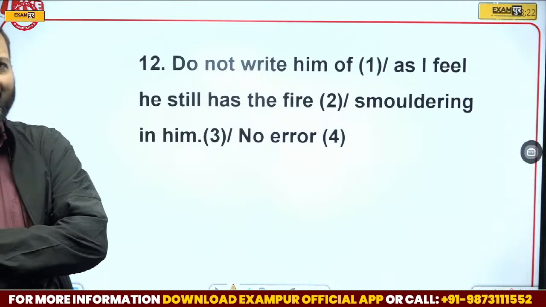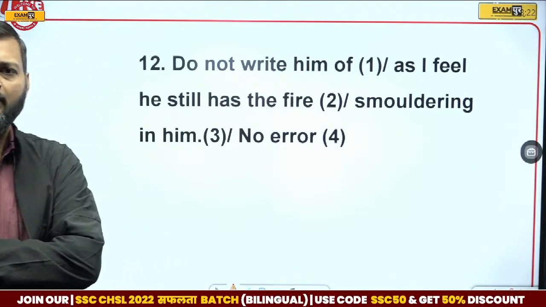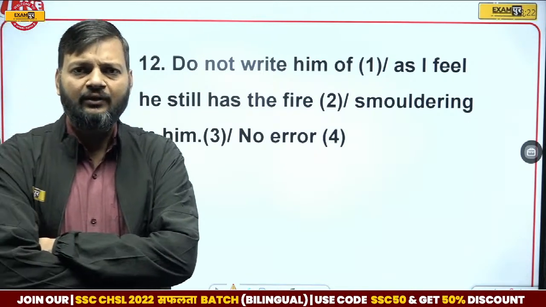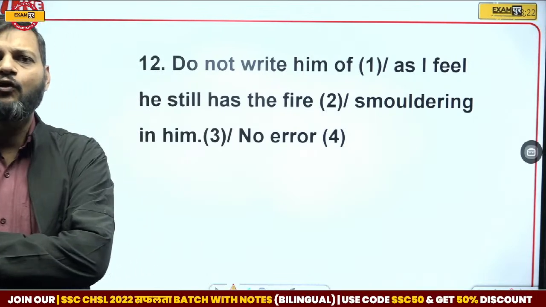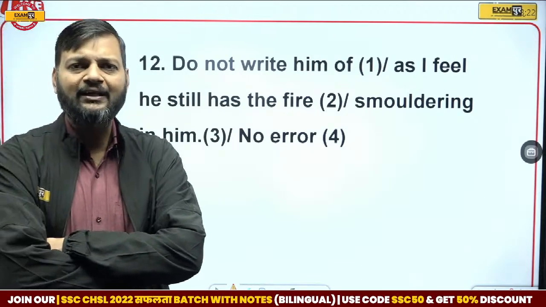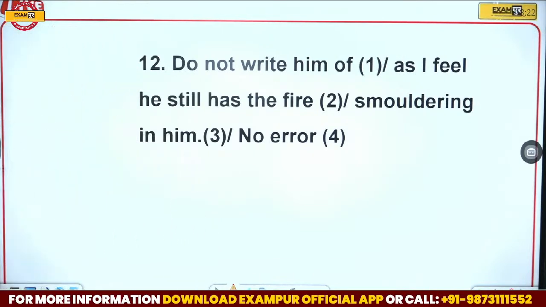First, I'll wait for your answers, and don't just say 1, 2, 3 or 4. If you know the answer, tell it in detail: if the third part has an error, what is that error? If the second part has an error, what is that error? So you need to explain.